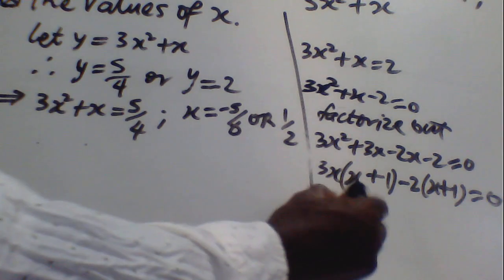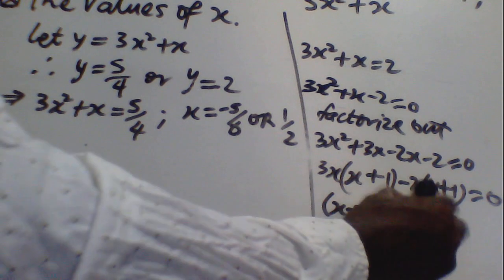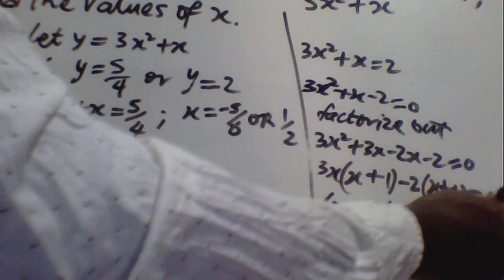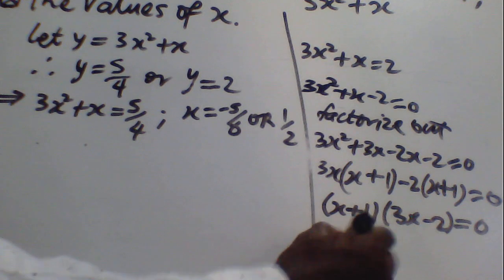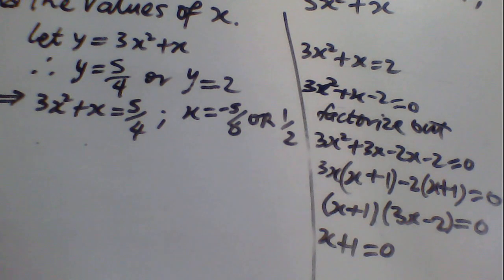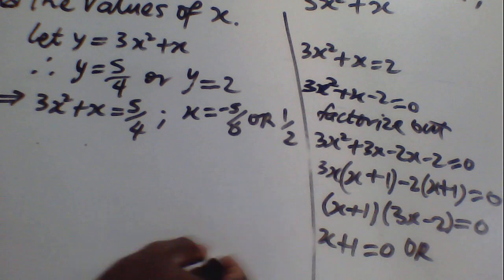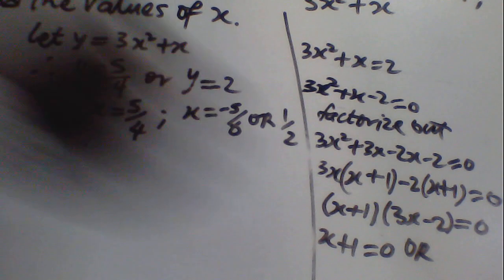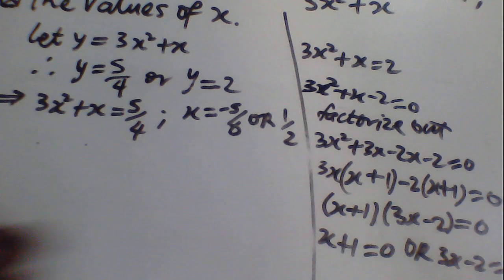So from here have x plus 1, 3x minus 2 is equal to 0. So equate each of these to 0. Have x plus 1 equal to 0, or also 3x minus 2 is equal to 0.